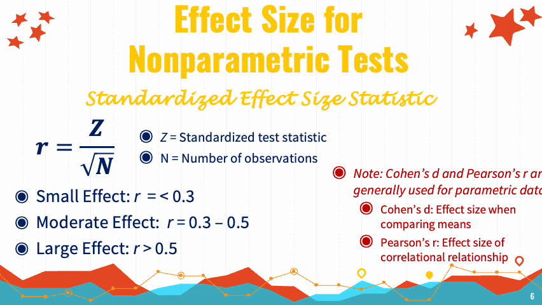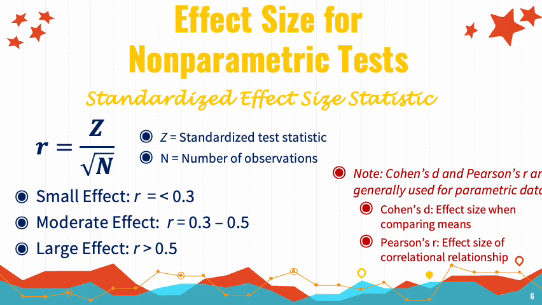Therefore, since our data is non-normally distributed, we will be using a standardized effect size statistic, which is denoted as a lowercase r. I have the formula for the standardized effect size statistic on the slide. It is z divided by the square root of n, where z is the standardized test statistic and n is the number of observations. What I want to bring attention to is that both Pearson's r and the standardized effect size statistic are denoted as a lowercase r when reporting results.